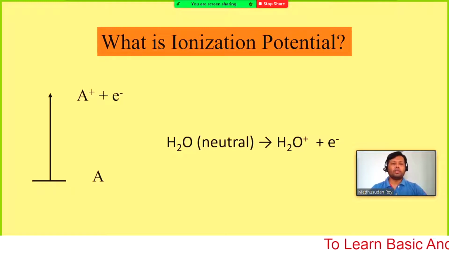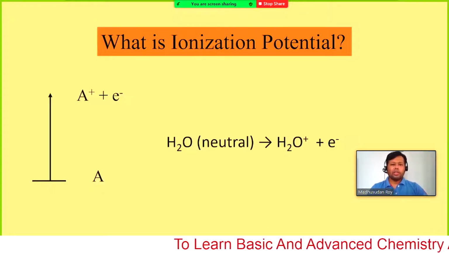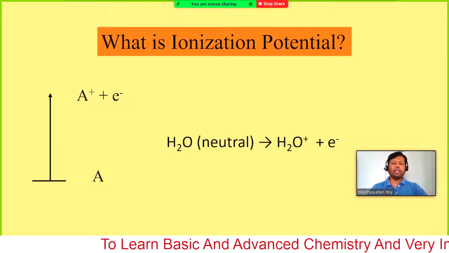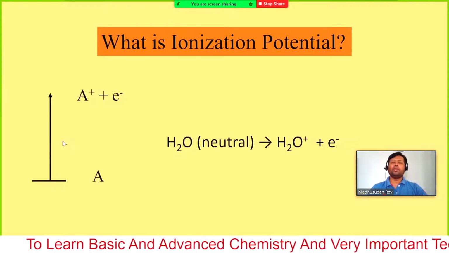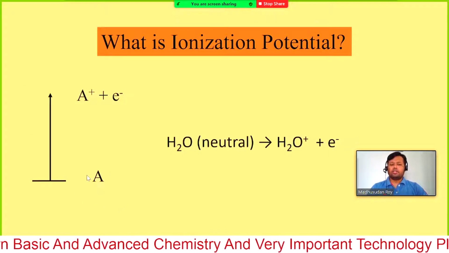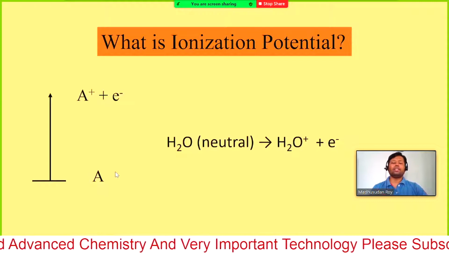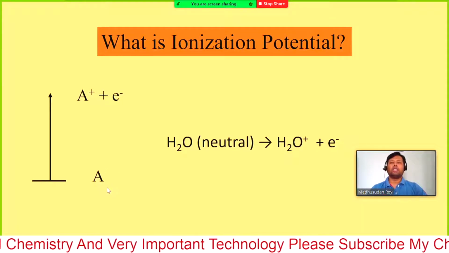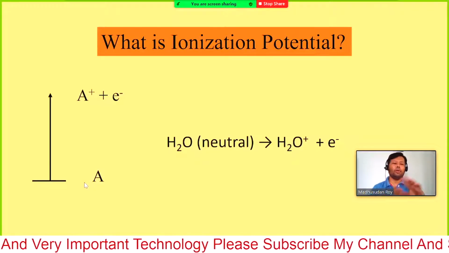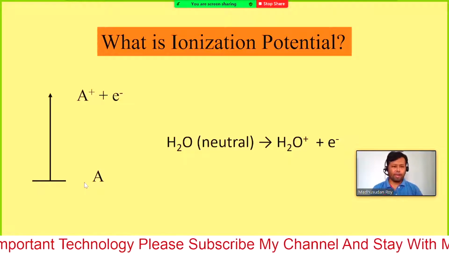That means 1s2, 2s2, 2p6 and then 3s1. If you want to remove 1 electron from sodium, you need to apply a certain energy so that the last electron of the third shell can go away to produce a sodium plus ion.